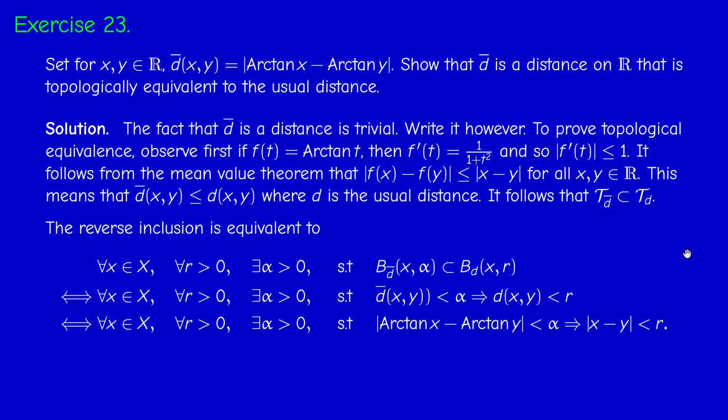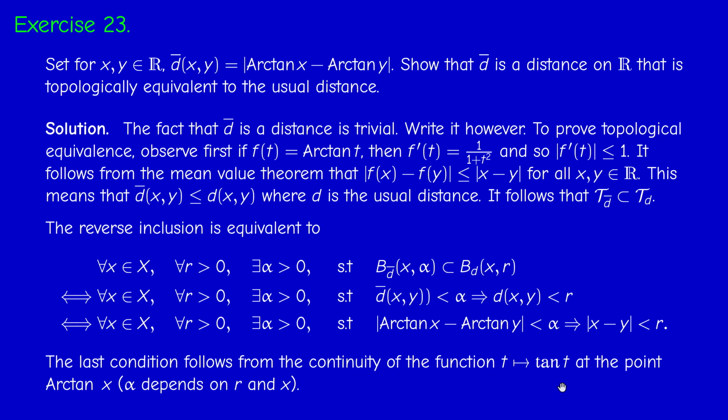Yes. Why is it true? Because this is just a consequence of the continuity of the tangent function at the point arctangent x. If you go back to the definition of continuity with epsilon delta, by the way, you can put epsilon instead of r, it doesn't change anything.